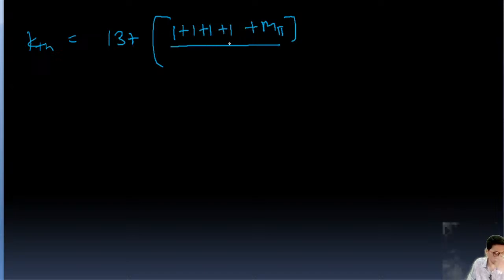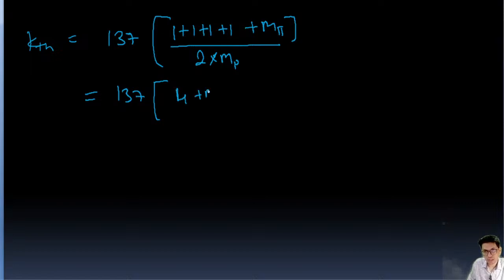So KTH is going to be minus minus plus, so 137 into 1 plus 1 plus 1 plus 1, 4 times 1, plus M pi upon mass of proton is 1, 2 into MP.